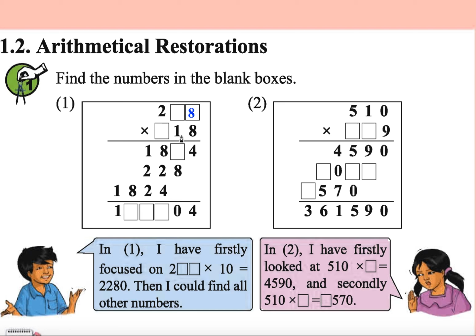Now, you multiplied with 1. Then this should be a 2 only. Then only you will get 228 in the middle. You got the logic? So this is 228.